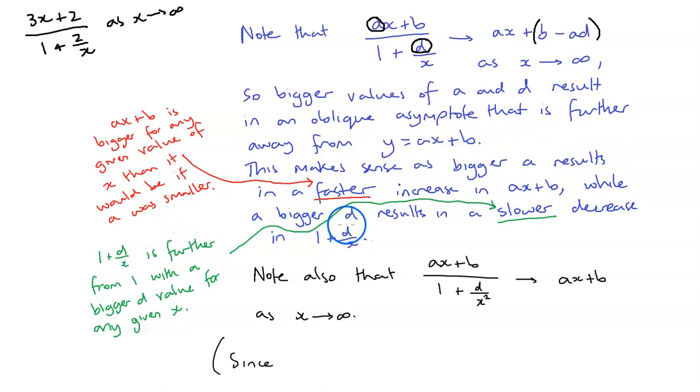While a bigger d value results in a slower decrease in 1 + d/x. What I mean is that 1 + d/x is further away from 1 with a bigger d value, for any given x, than it would be with a smaller value of d.